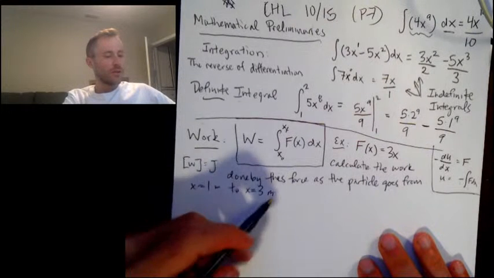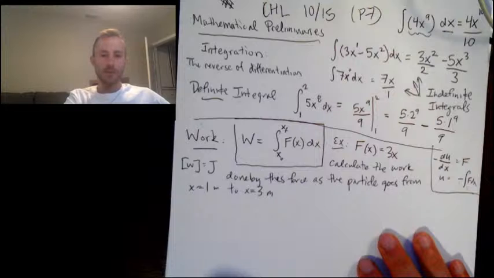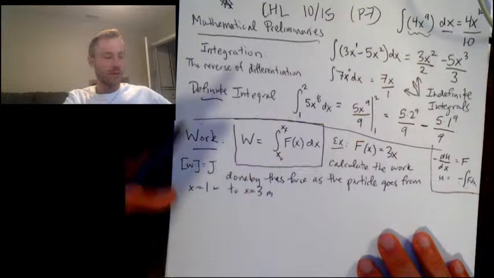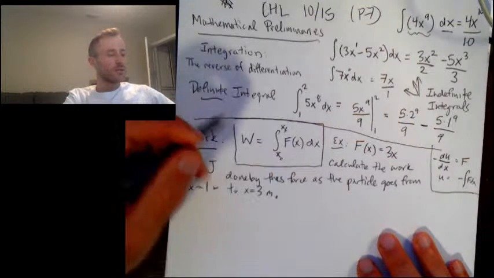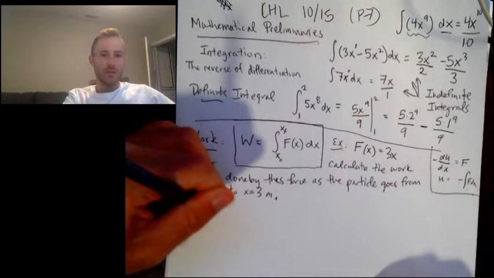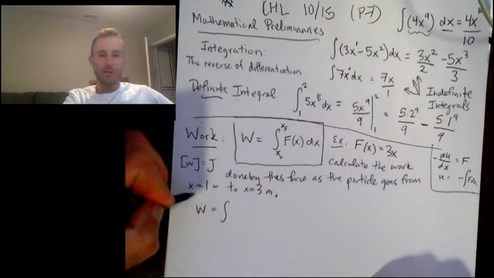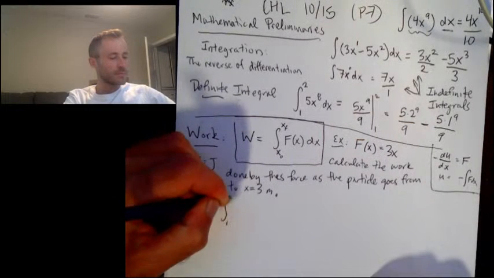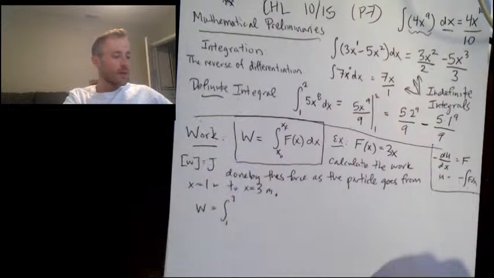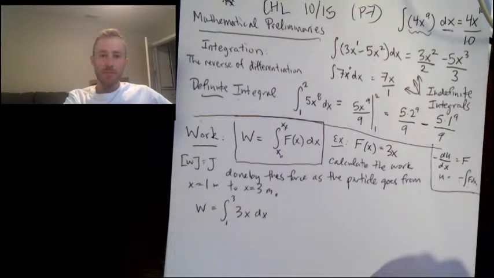Okay? So 1 meter is the initial position of the particle, and 3 meters is the final position of the particle. So in this case, the work is going to be the definite integral from 1 to 3 of the function 3x dx.